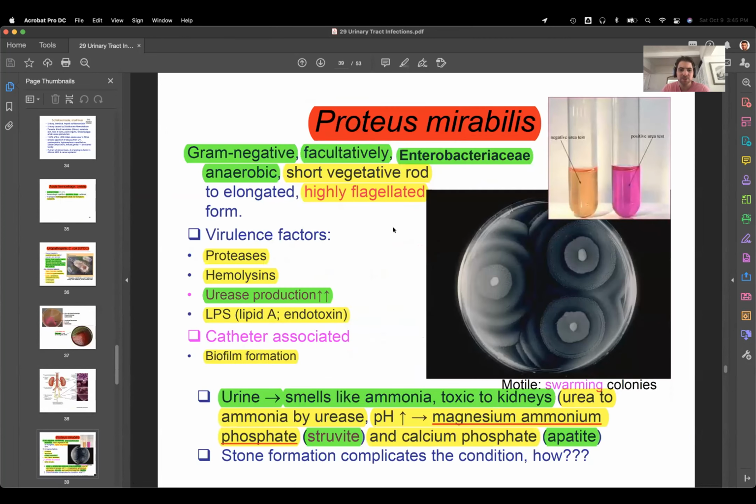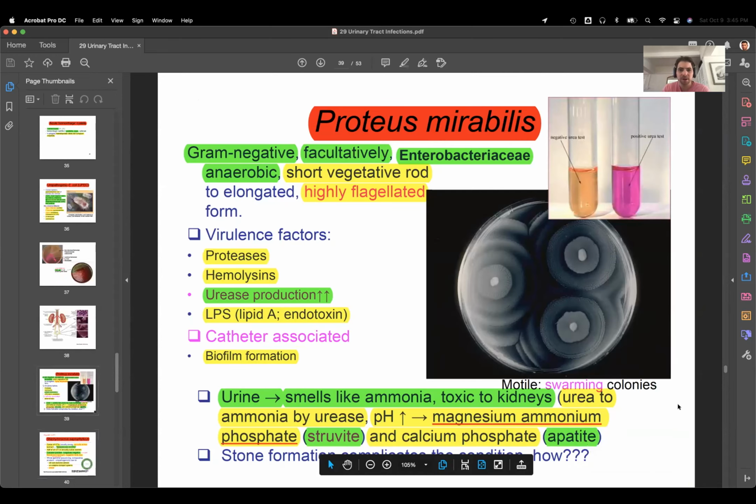Proteus, remember, like I mentioned, you're going to get those staghorn stones. So that's a problem. They're actually magnesium ammonium phosphate or struvite stones and calcium phosphate. Okay, so it's a big problem. You see the urease production is through the roof, and that's what's going to end up causing those stones.